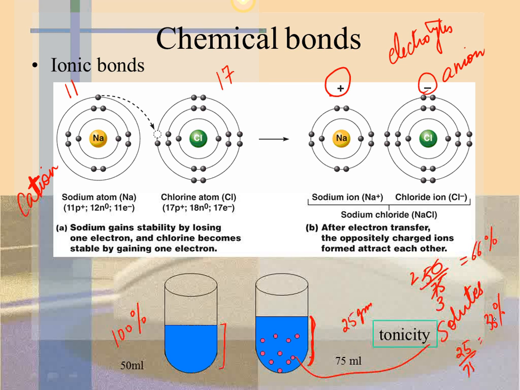Got that? So water here is 66%, solutes was 33% in this solution. In the other solution of 50 ml, all 50 ml was water, so water was 100%. Have you followed? When you compare these two solutions, which has more water? Solution A or B, if I say this was A and this was B? A, because it has 100%, right?